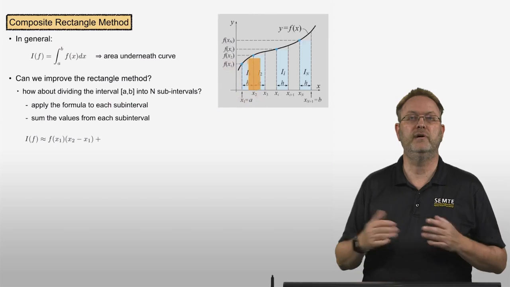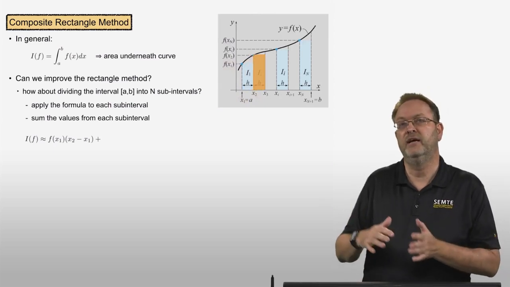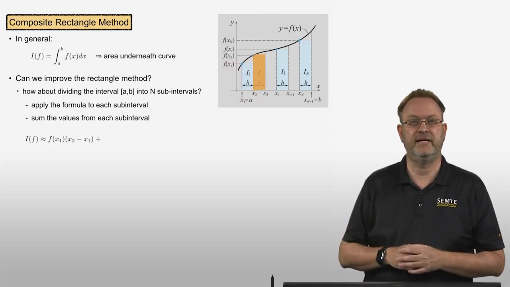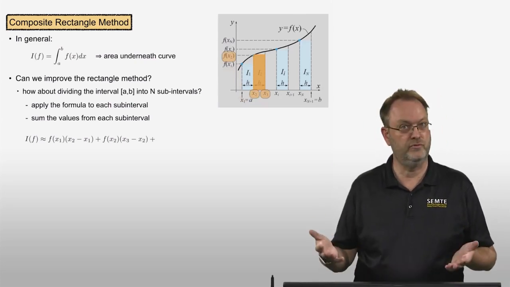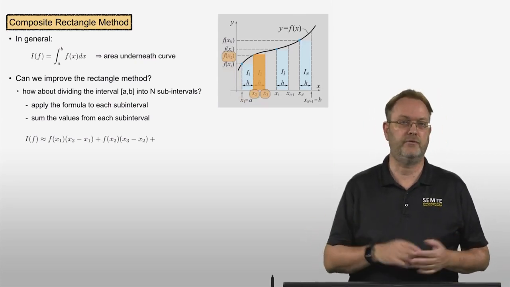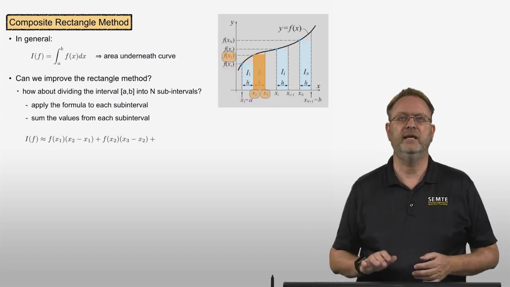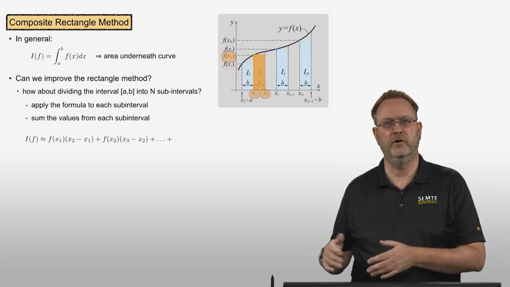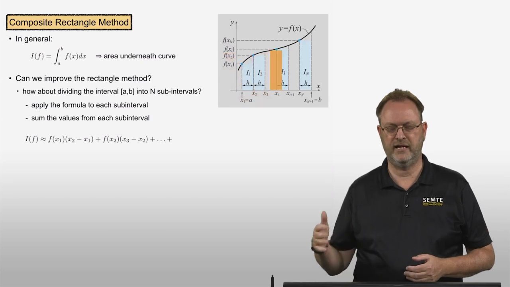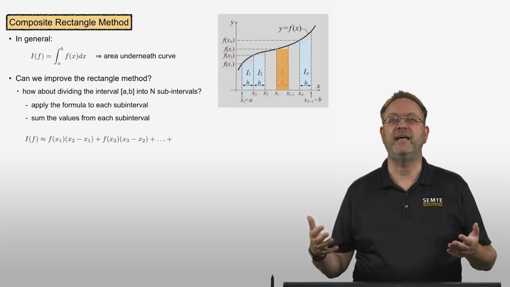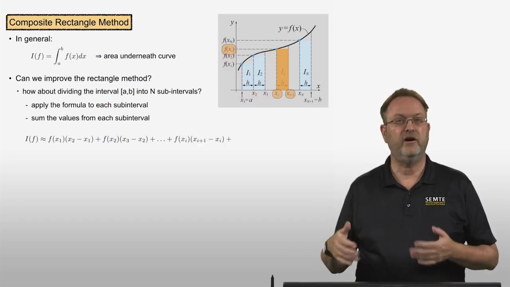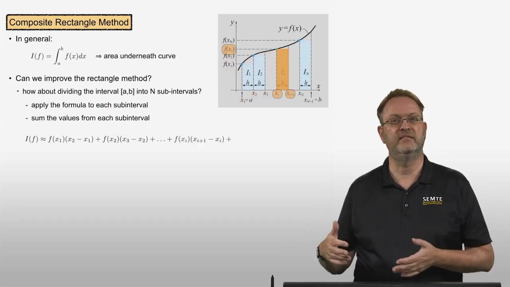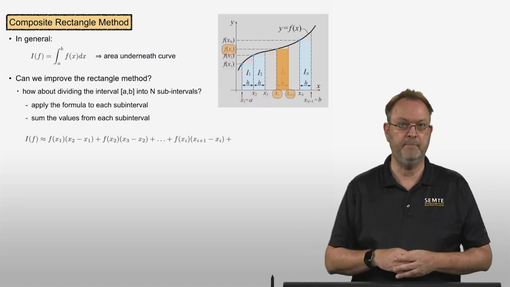Now we add to it the area of the second subinterval rectangle, which would be f of x2 times the width x3 minus x2. And then we keep on going, one interval after the other. Let's go to the ith subinterval. The height of this rectangle would be f of xi. Its width is xi plus 1 minus xi.